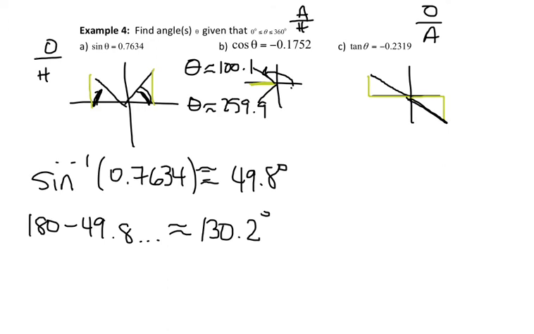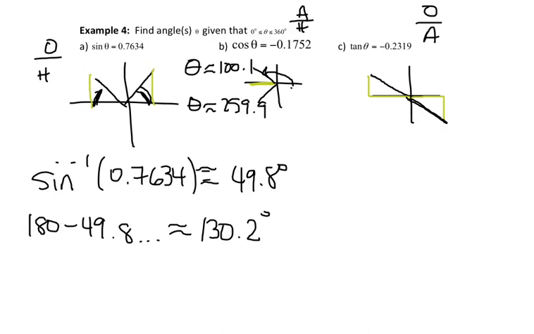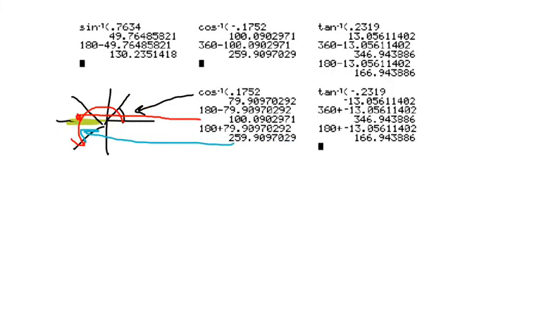If I just do tan inverse of that negative value, then I end up with a negative angle. So the calculator is thinking about measuring down, but I want to be positive angles only. So I know that measuring down is the same as doing 360 plus that down bit. So 360 plus negative 13 gives me the 346.